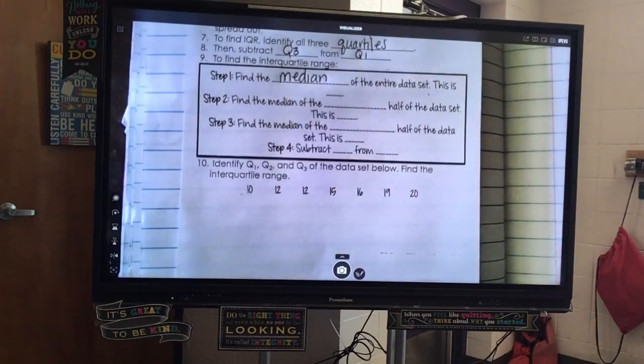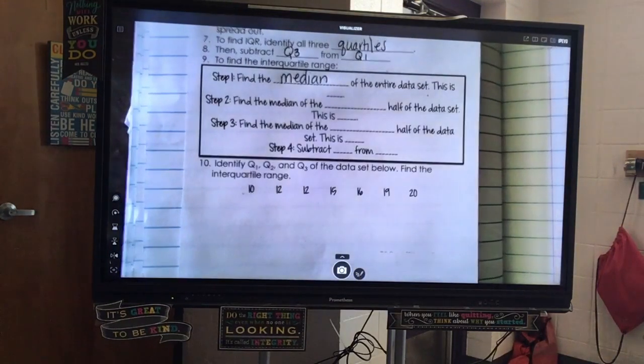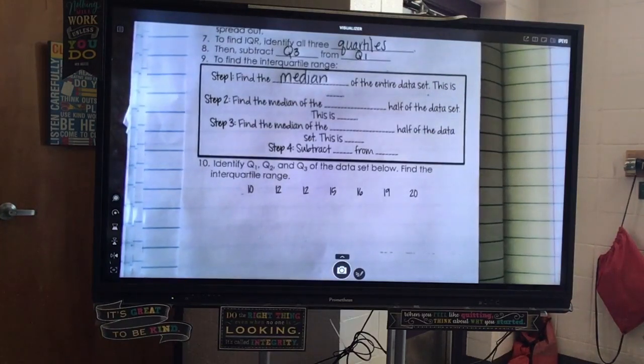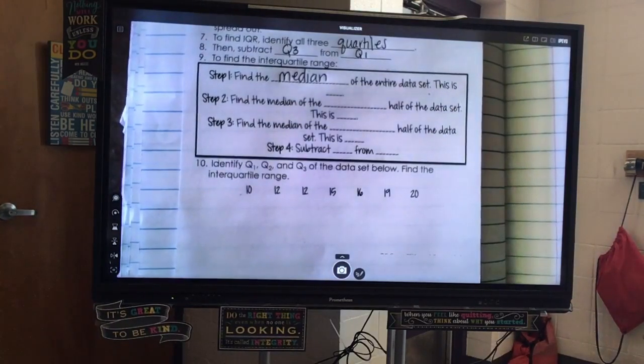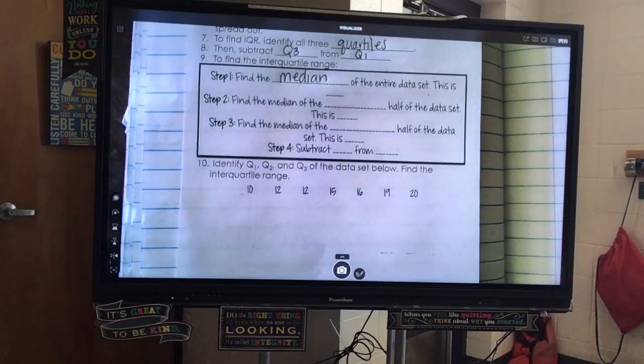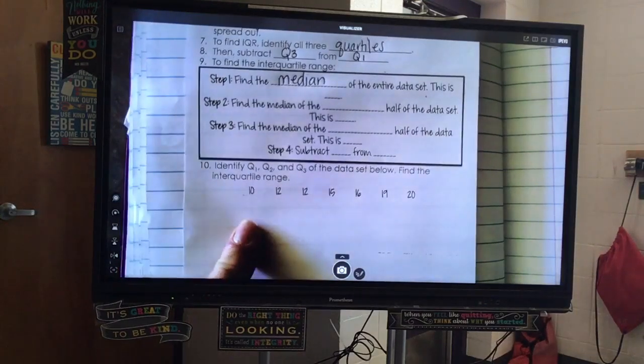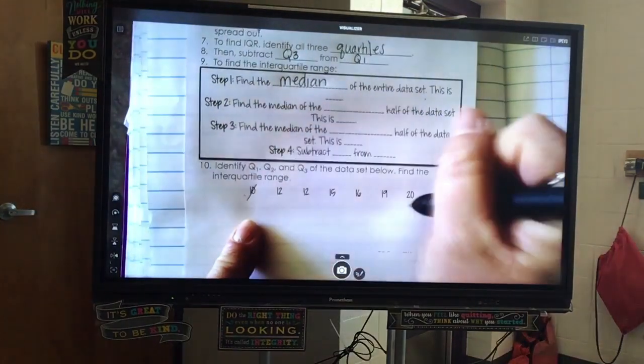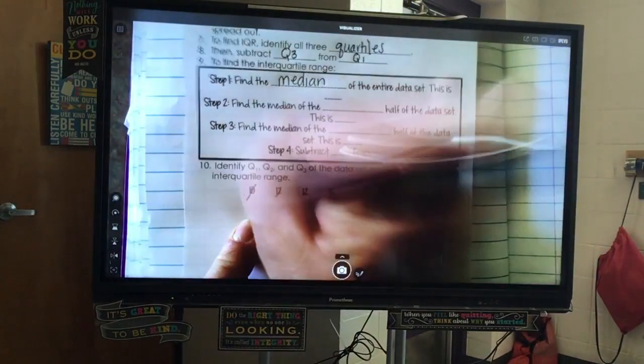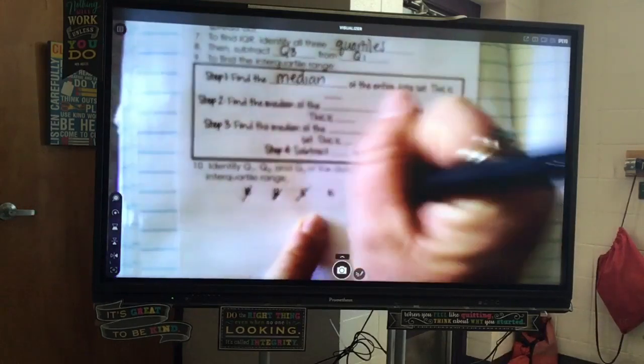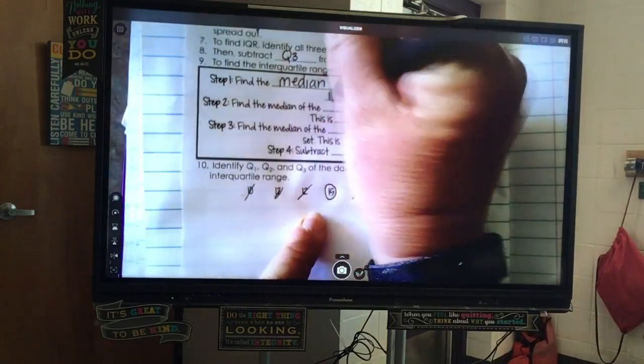They're in order. From least to greatest. Yes, they are in order from least to greatest. When you're finding IQR, when you're doing 5-number summary, when you're doing any of that, you have to put your numbers in order from least to greatest. So when we find our median, essentially, we cross off from front to back, and 15 is our median.